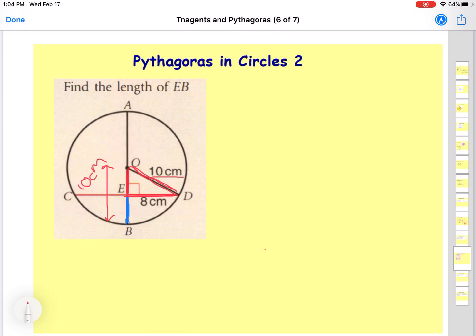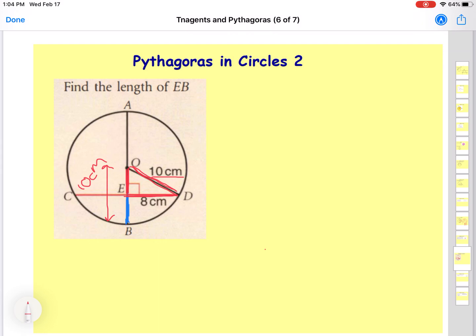So for this particular type of question, if I find the length of OE, the red horizontal line in the right angled triangle, I can then subtract that from the 10 to find out the length of the blue section. The blue section and the red section make up the radius, so that's the whole 10.